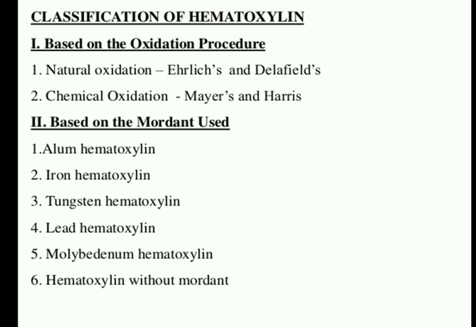Earlier, we studied classification of hematoxylin on the basis of natural oxidation and chemical oxidation. Then we learned about the mordant used. On the basis of mordant used, there are alum hematoxylin, iron hematoxylin, tungsten hematoxylin, lead hematoxylin, molybdenum hematoxylin, and hematoxylin without mordant is also there.